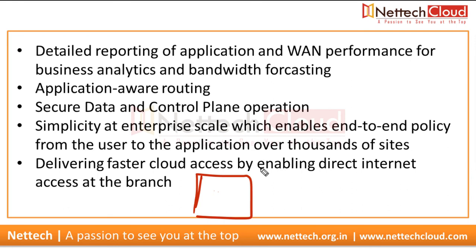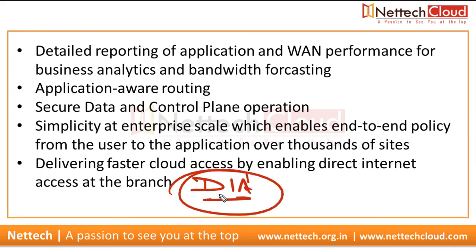Or alternatively, you can integrate cloud security with that, like Cisco Umbrella, Zscaler sort of thing, if you are aware of that. I'll discuss that also. So at least in the SD-WAN solution, there is direct internet access, a local breakout, right?